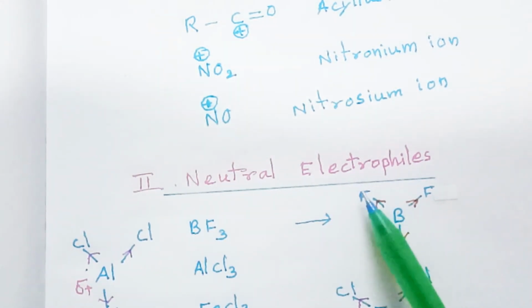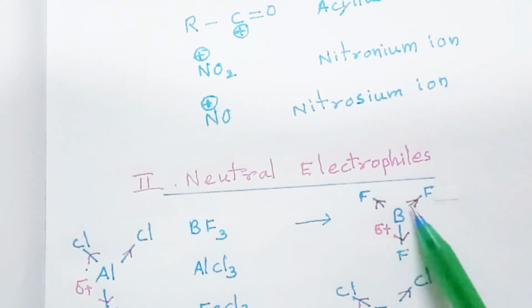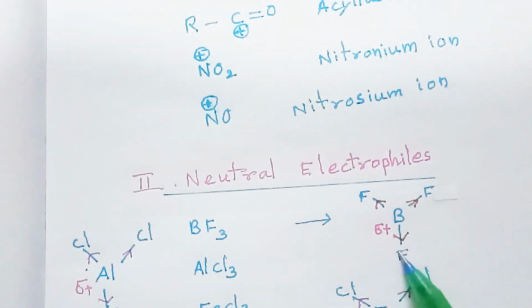These fluorine atoms, being more electronegative, pull the electrons towards themselves, as a result of which this boron atom develops a partial positive charge, that is delta plus, on it, so it becomes an electrophile.